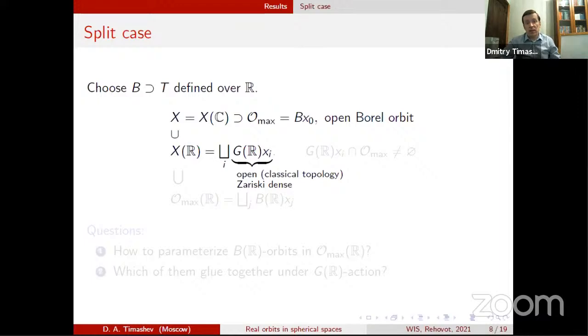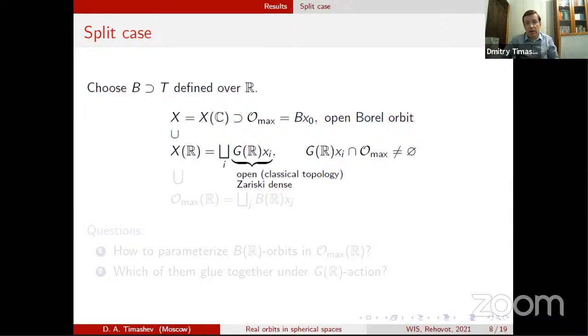And what can you say about these orbits? You have a classical Hausdorff topology on X of R, and these orbits are open and closed in this Hausdorff topology. This doesn't mean that they are connected components, they are unions of connected components, but they are open and closed. And also they are Zariski dense, dense with respect to the Zariski topology on X. And since they are Zariski dense, each of them has a non-empty intersection with the open complex Borel orbit.